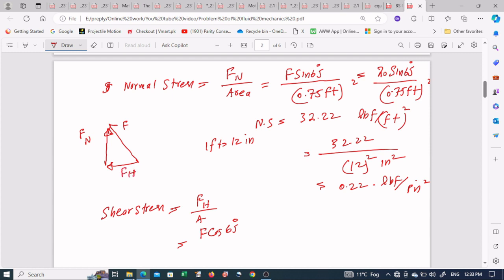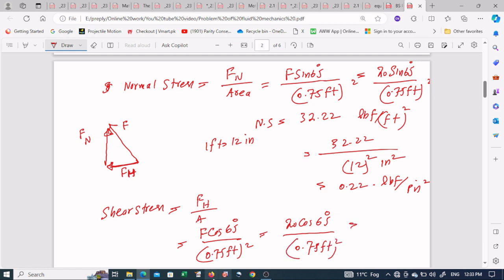So for the shear stress we use this horizontal component. F cosine 65 divided by area 0.75 feet square. So it is 20 cosine of 65 divided by 0.75 feet square.